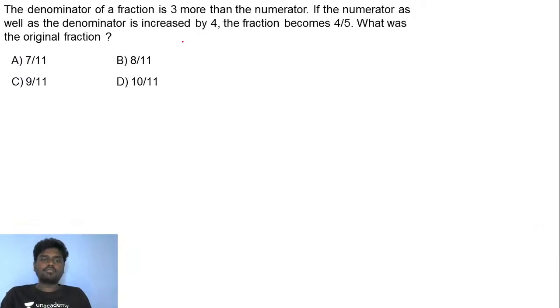The denominator of a fraction is 3 more than the numerator. If the numerator as well as the denominator is increased by 4, the fraction becomes 4 by 5.